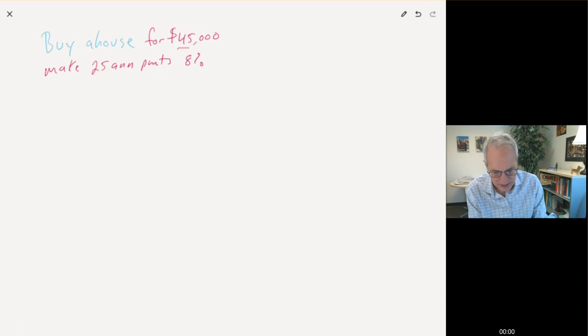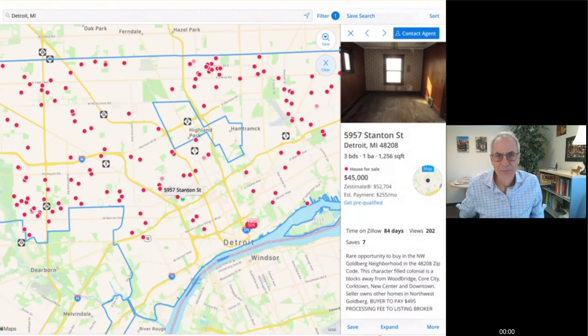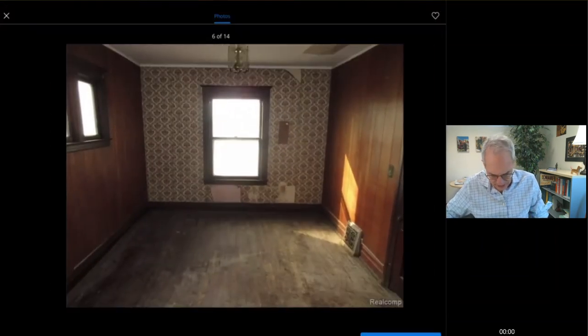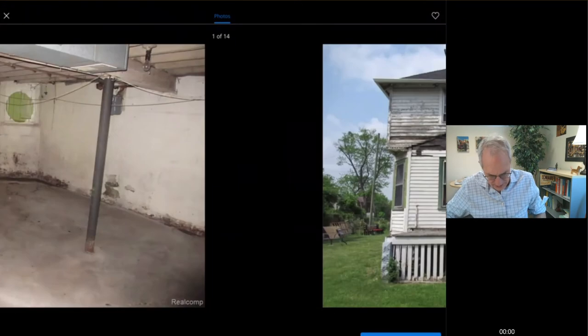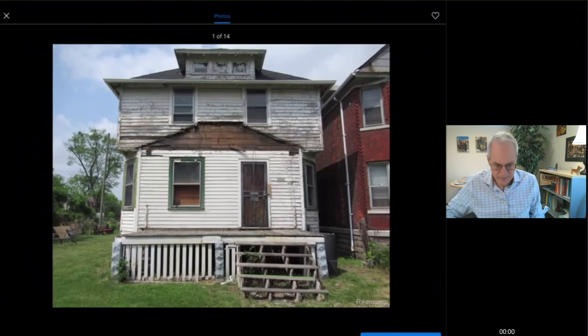Now some of you may be thinking, how can you buy a house for $45,000? Well, let's just look on Zillow to see if there is anything for $45,000. Okay, so here I brought up Detroit, typed in 45,000, and here we have a house. Let's see what it looks like on the front here. Not the best.